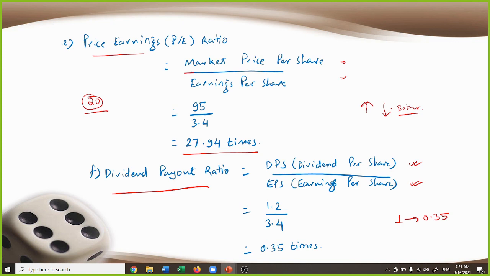They are keeping 0.65 as retained earnings in the company. If the company is in the expansion stage, they keep this portion very high, and if the company is very mature and has no expansion possibilities, then they will provide higher dividend.